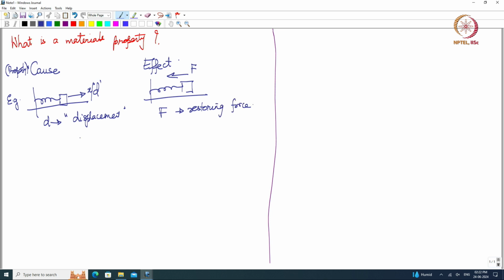As a result, I have a cause which is D, I have an effect which is F, or the restoring force, and I have a property of the spring which is the spring constant K, which relates the cause and the effect, right. So, there is a cause, there is an effect, and both of them are related to each other by what is called the response function.